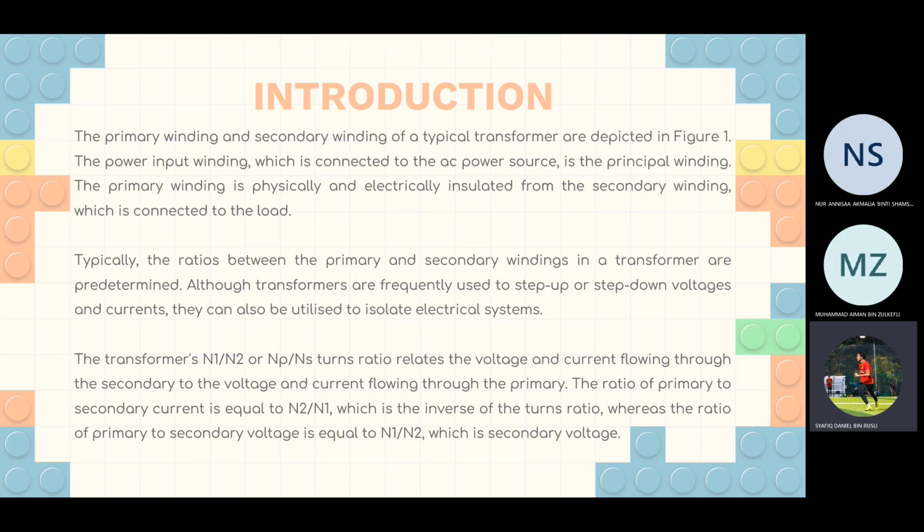The ratio of primary to secondary current is equal to N2/N1, which is the inverse of the turn ratio. Whereas the ratio of primary to secondary voltage is equal to N1/N2.